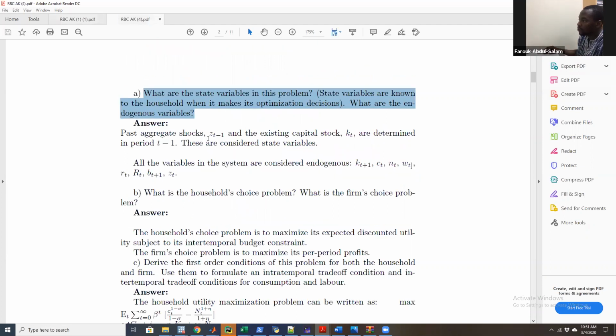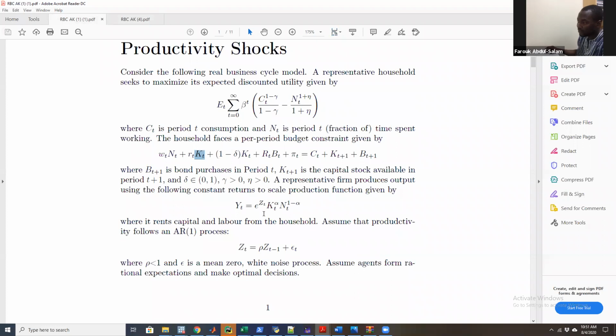So when the question asks you what is the state variable, you can clearly see that these guys are predetermined. This KT has been determined already. Another interesting variable that has been determined already as we find ourselves in today's period is ZT minus 1.